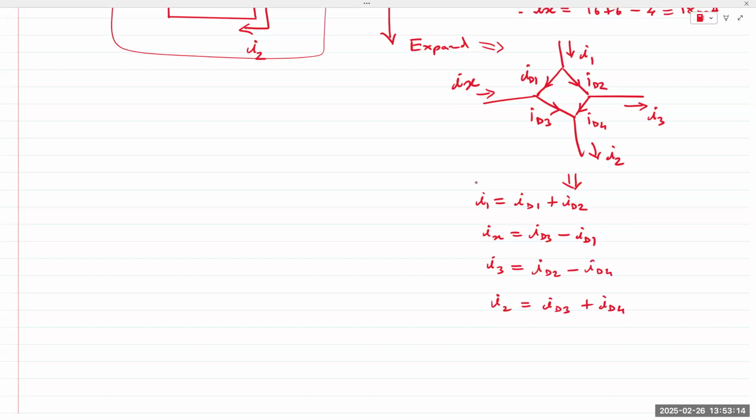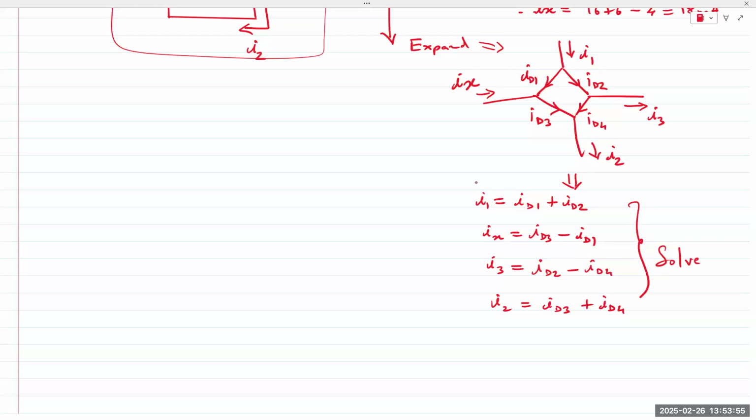You solve these, and you will obtain 2 currents positive and 2 currents negative. We're running out of time, so I'm going to jump through. So again, solve these equations and find the 4 diode currents.